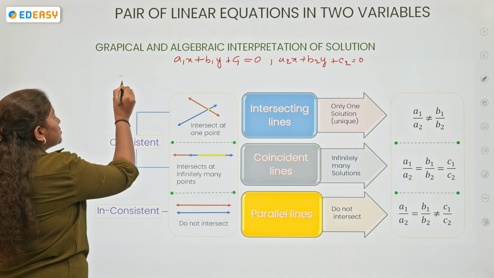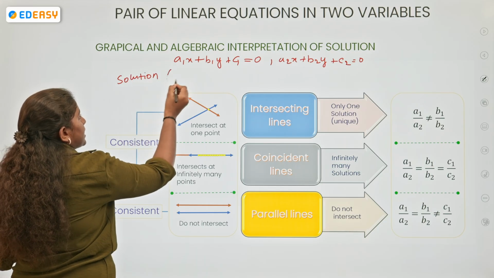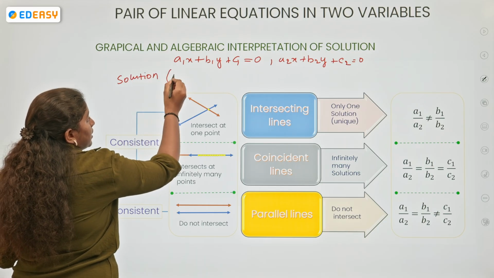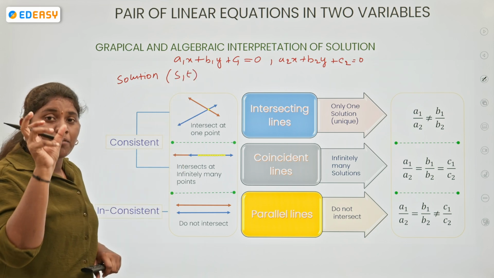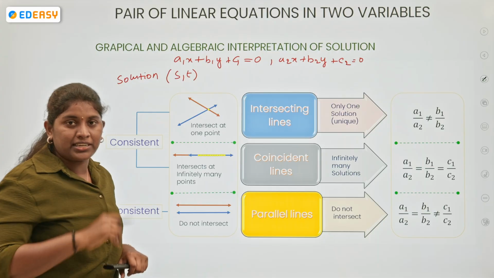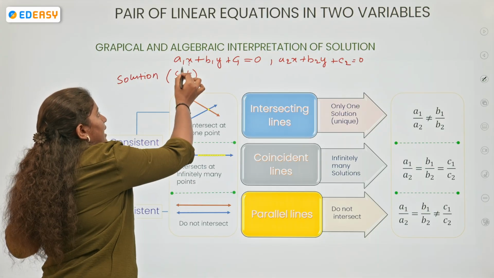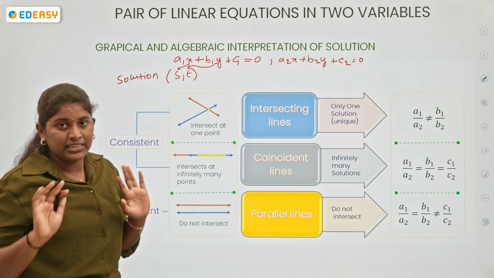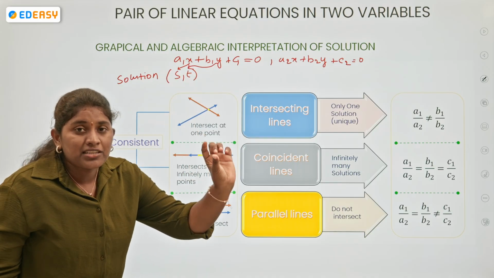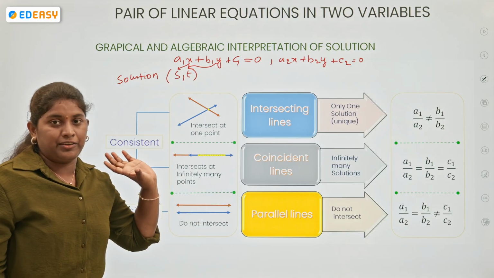What is meant by the solution? Consider the solution as s comma t. I am taking the x value as s and the y value as t. Clear? Now, in the place of x, I am going to keep s and in the place of y, I am going to keep t.